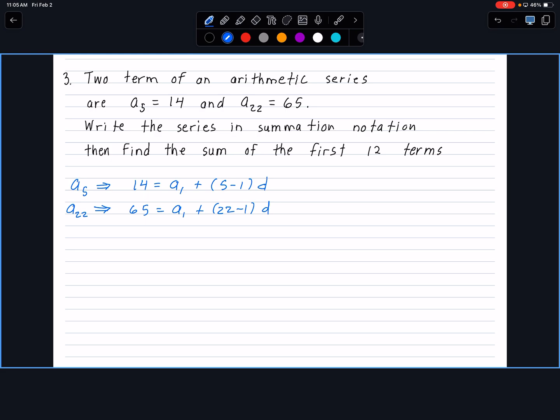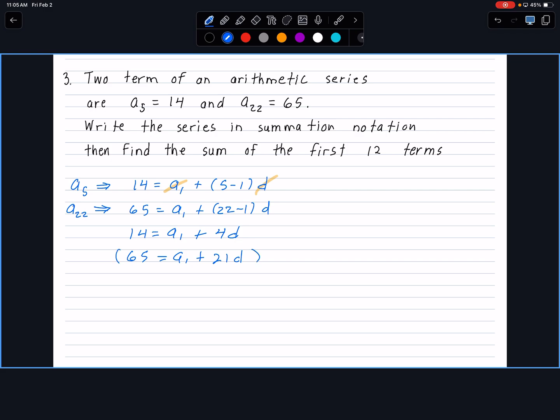So now we have two equations and two variables, so we can solve this. I'm just going to clean things up a little bit here. So we get 14 equals the first term plus 5 minus 1 is 4, so 4d. And 65 equals the first term plus 21 times d.